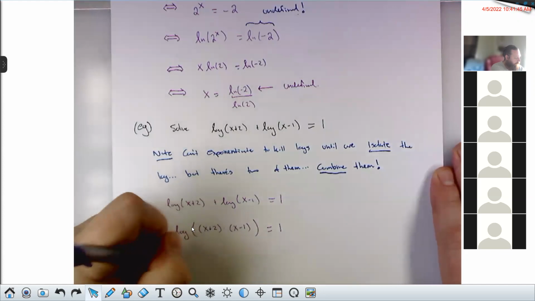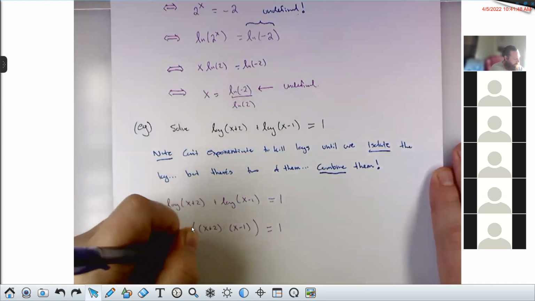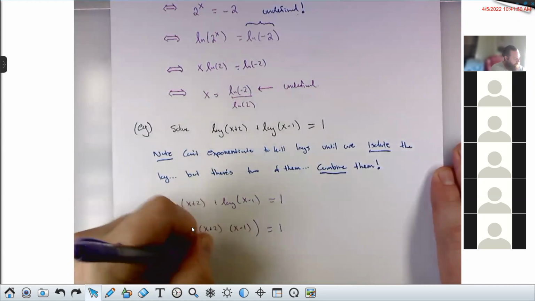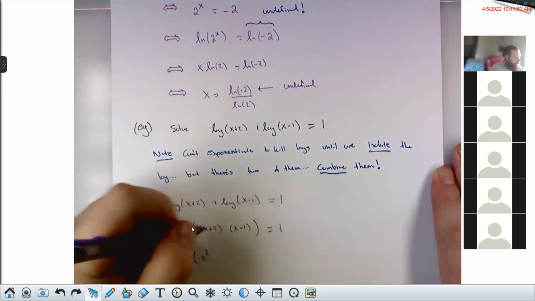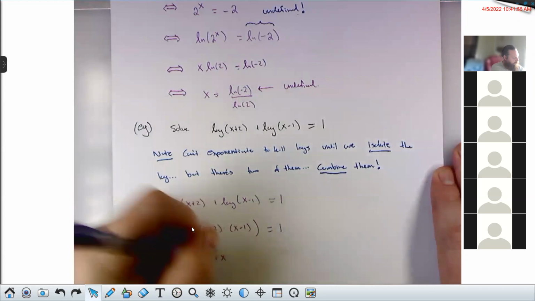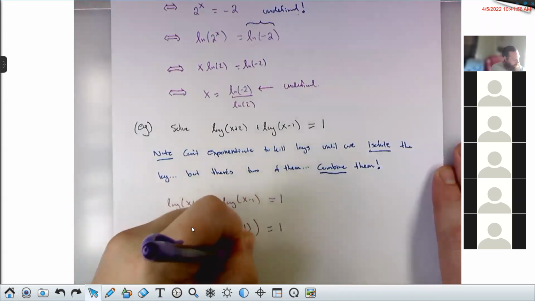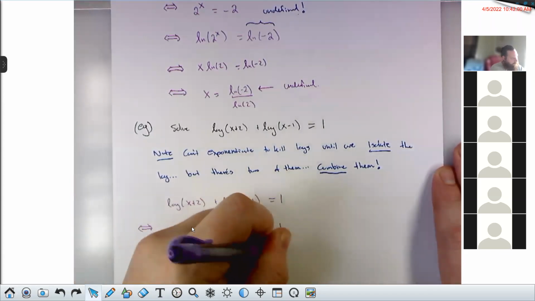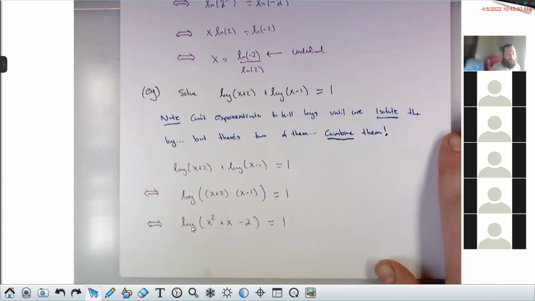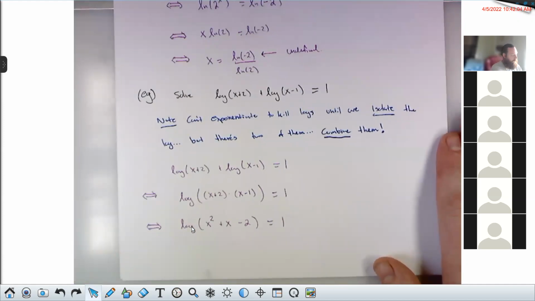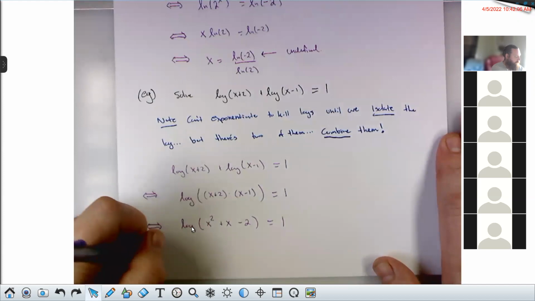So we can exponentiate. Before I do that, I'm going to go ahead and multiply out the inside of the log here. So this is going to be log of x squared plus 2x minus 1x, is plus x minus 2, equals 1. And then I can exponentiate.